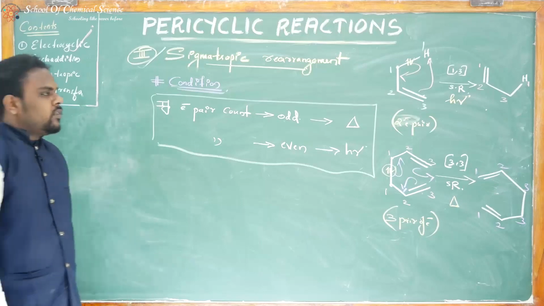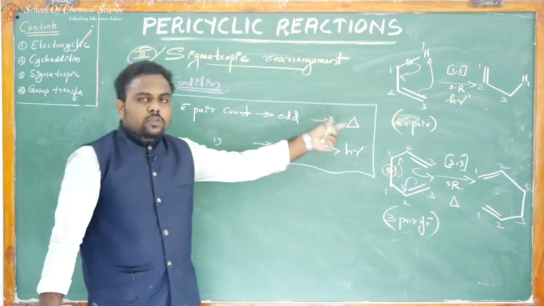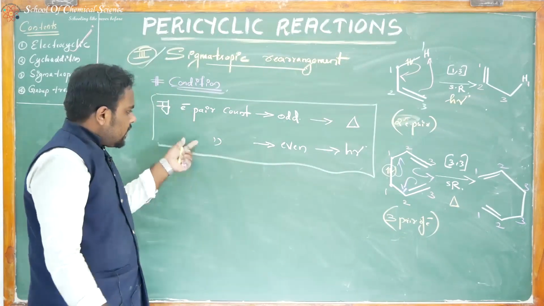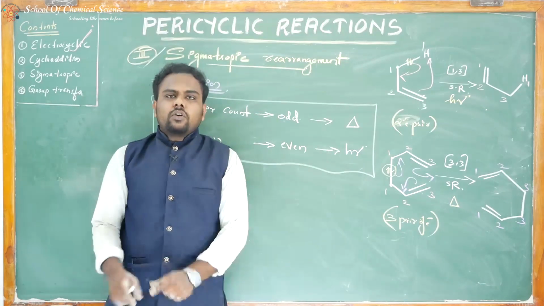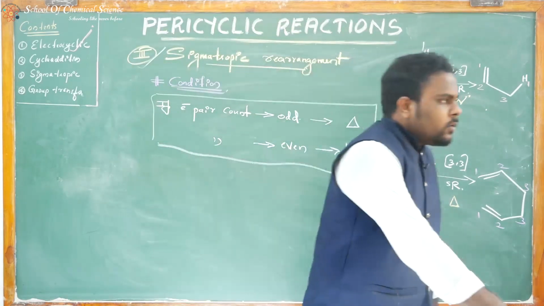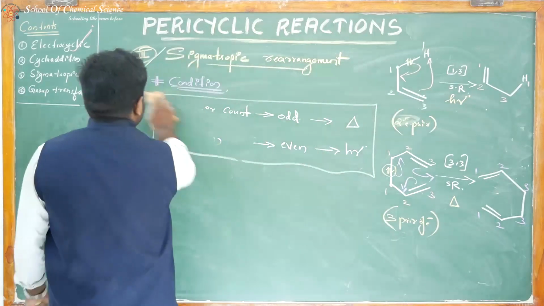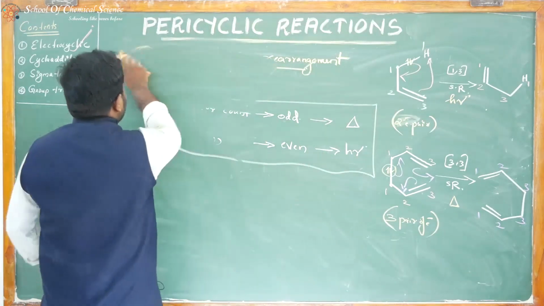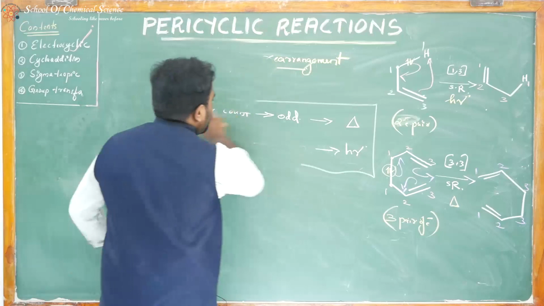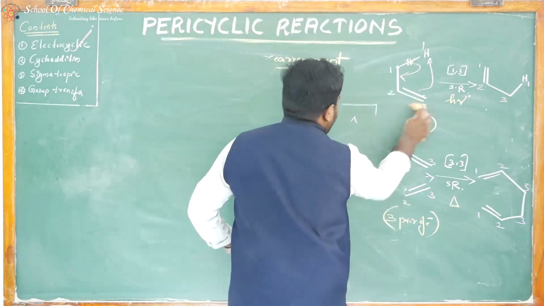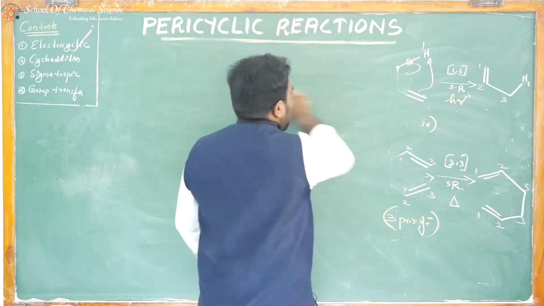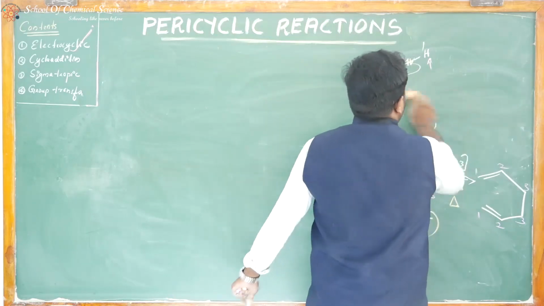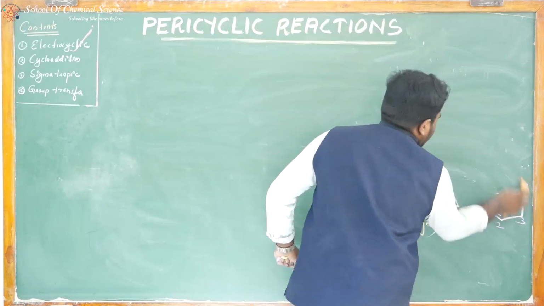So that is the condition for the reaction. If the electron pair count is odd, the reaction is thermal. If the electron pair count is even, that is photochemical. So that is a basic introduction to sigmatropic rearrangement.